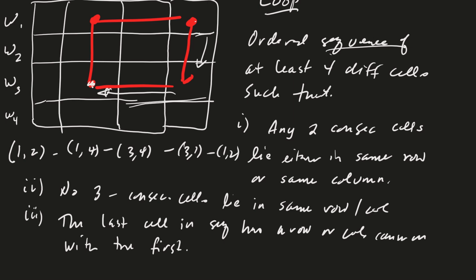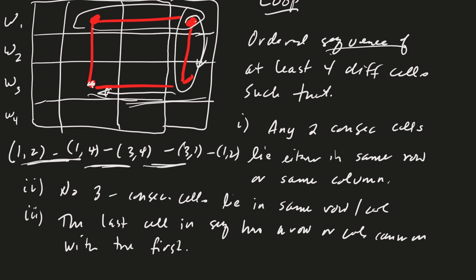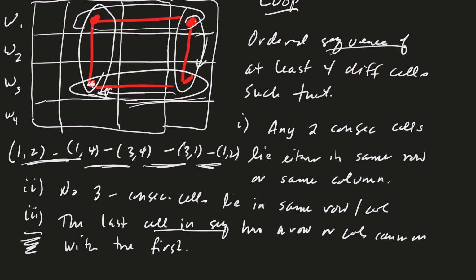And so let's see that our 3 conditions match here. Any 2 consecutive cells, like these 2 cells, share the same row. These 2 cells share the same column, and then these 2 cells share the same row, and then these 2 cells share the same column. And actually, you can see what's happening in number 3. The last cell in the sequence has a row or column common with the first.